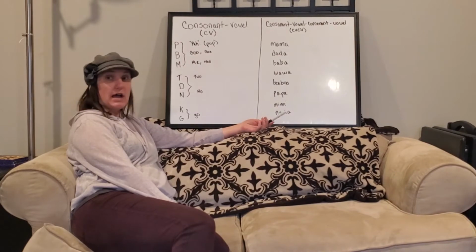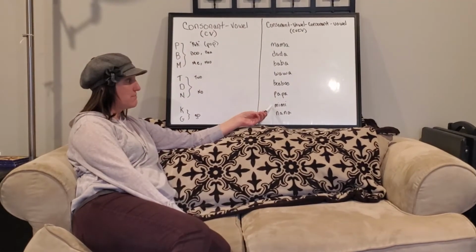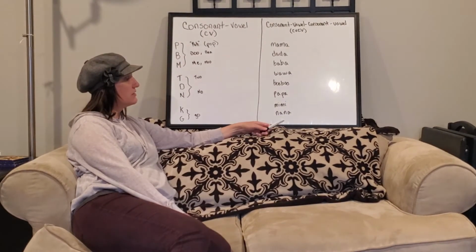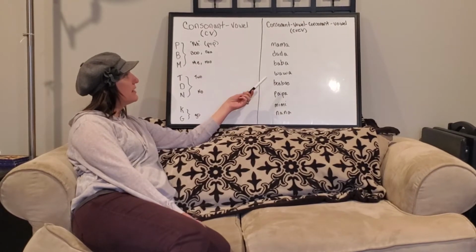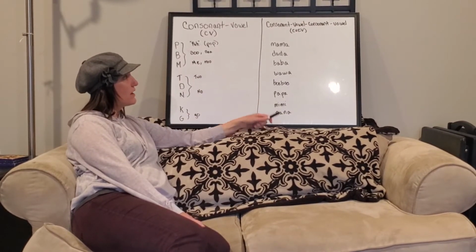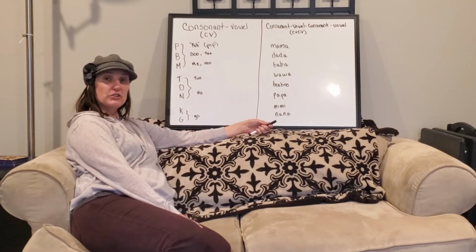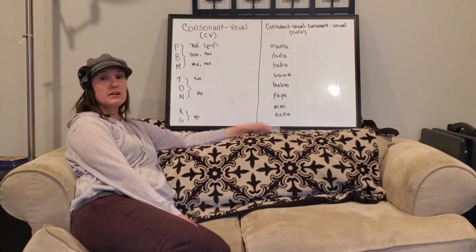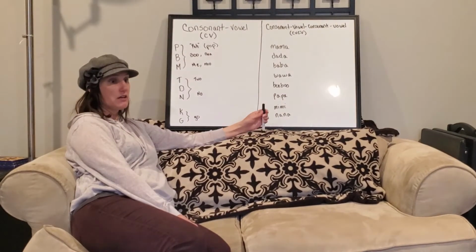And that is probably why Mimi and Nana are common names for grandparents, Papa, and why those are the early words that our babies are learning, because they are developmentally where they're at.